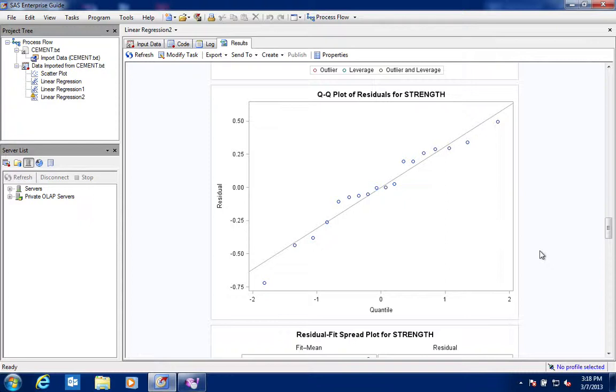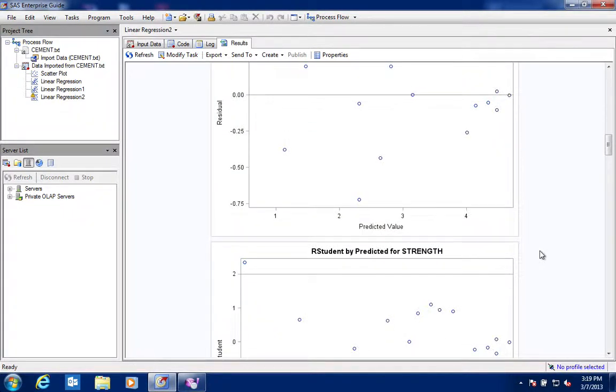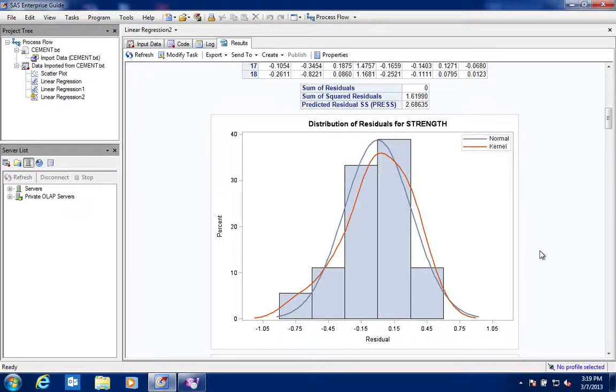So what happened to the curve here? The histogram is saying that this is a skewed distribution. Of course, the kernel density says that this is skewed. If you look at this curve, the yellow one, this is skewed to the left. So normality is violated.